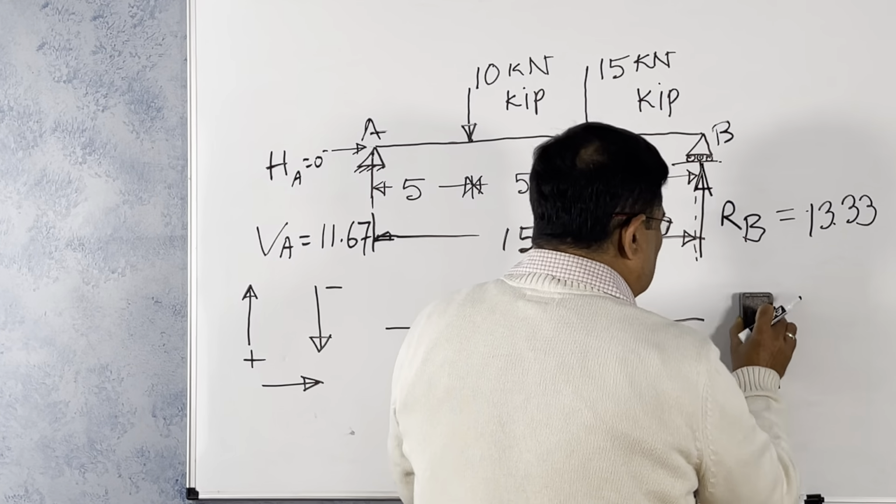Now, suppose you are thinking of doing it from the right side. See what happens. On the right side, we have the convention. This is positive, sorry, this is negative.